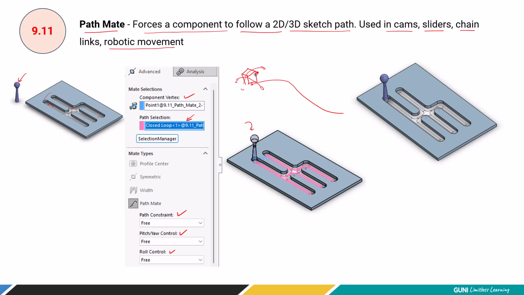Try to understand it like a CP moving on a C. It may have a pitch and yaw movement, right? It can roll back and forth, left side, or it can have front and back motions. So to control this, we have to provide this pitch, yaw and roll control.